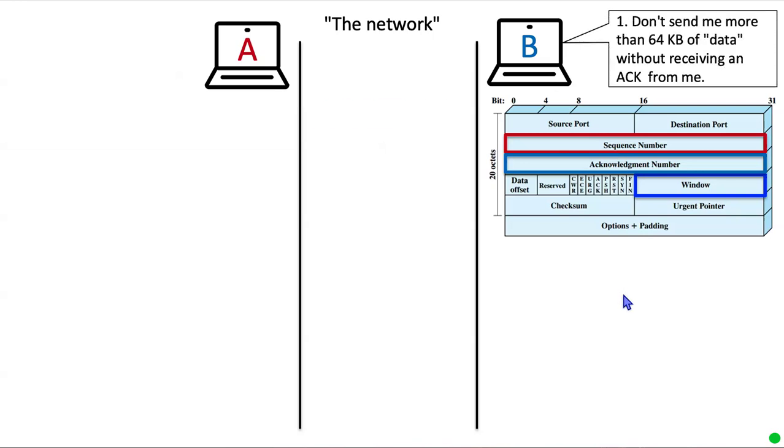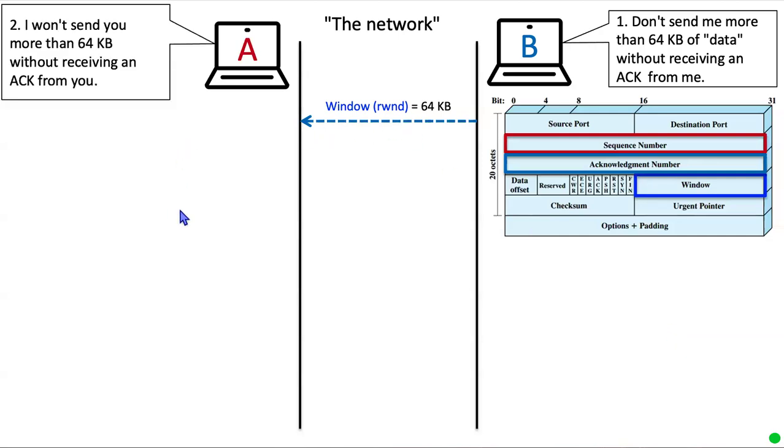Okay, so if PCB sends a segment to PCA, of course, it includes its window size. It says, don't send me more than 64,000 bytes of data without receiving an acknowledgement from me. That's what the 64,000 means here in the window size. Okay. PCA says, okay, I've got that. So this means that I'm not going to send you more than 64,000 bytes without receiving an acknowledgement from you.